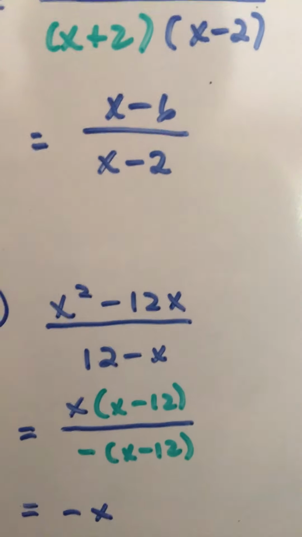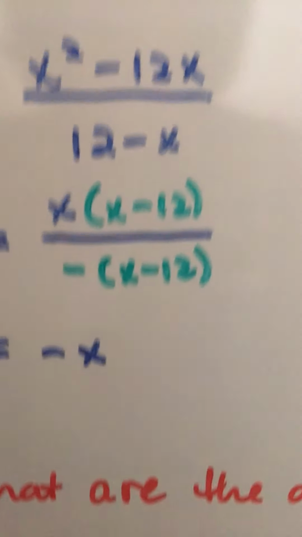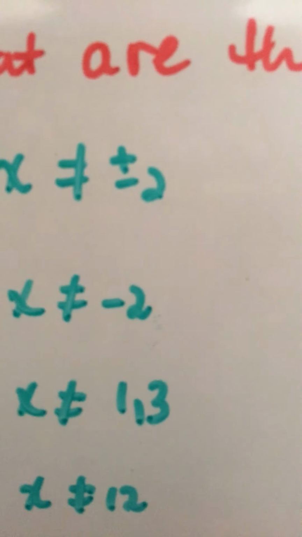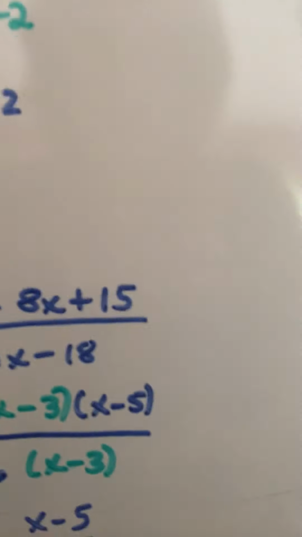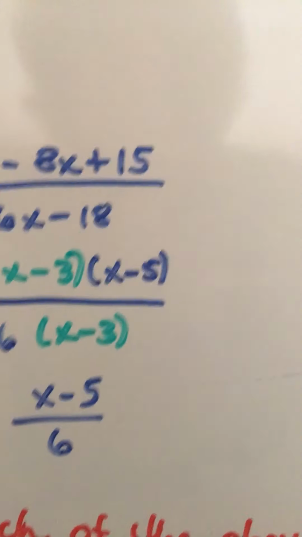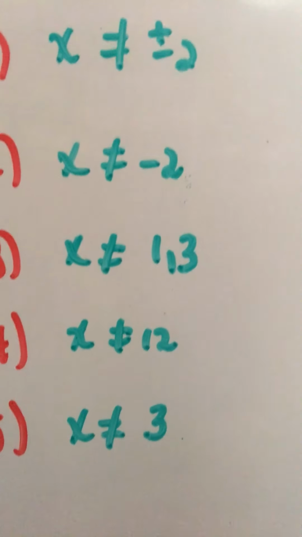In this one, the only thing that makes the denominator equal to 0 is 12, and so my domain would be all real numbers but 12. In this one, the only thing that makes the denominator 0 is 3. So my domain is x is not equal to 3.